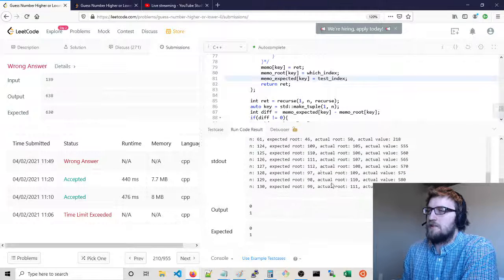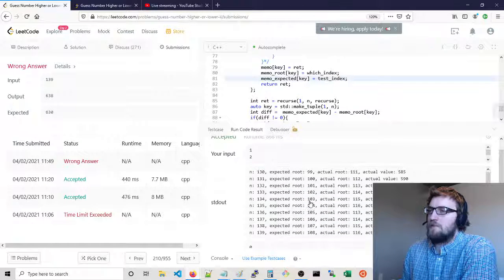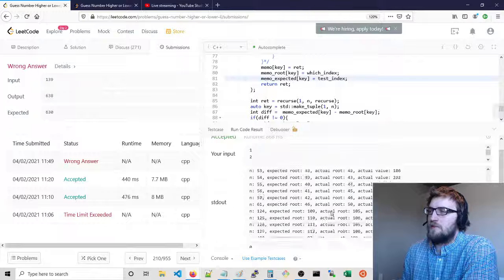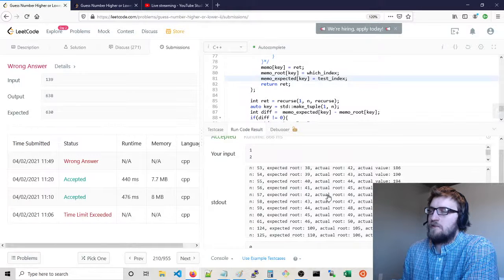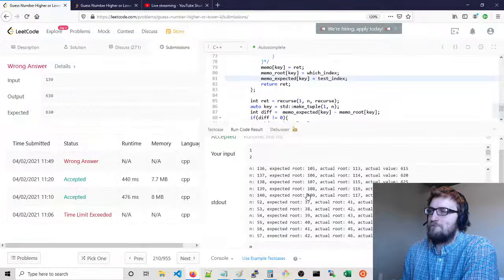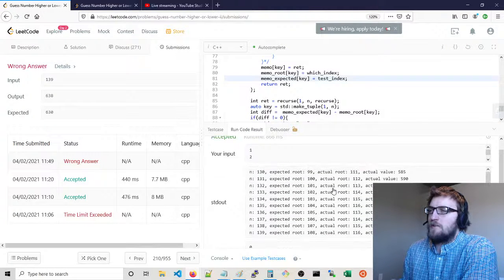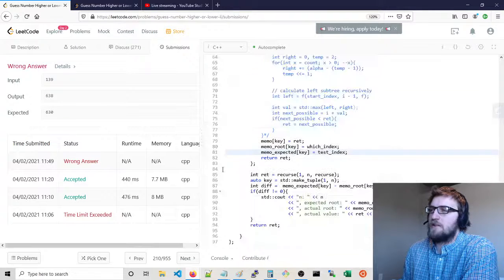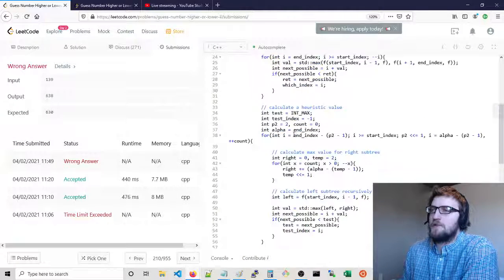These cases, I don't really have too many also. It's 4. Pretty interesting. I don't actually know how I would solve this more efficiently. I think I need to think about it for a while, try to figure it out.